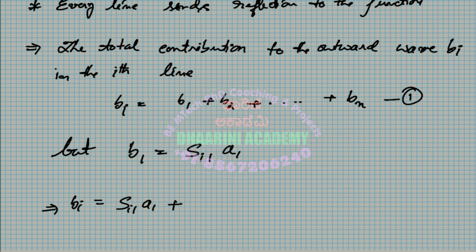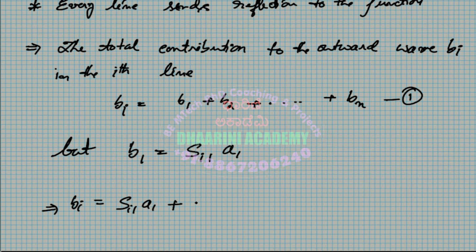I means it is the source connected, from where you are getting the energy to this particular line. Now Bi is equal to Si1 A1, that is nothing but the amount of reflected energy that is reflected by the load connected to the first line.